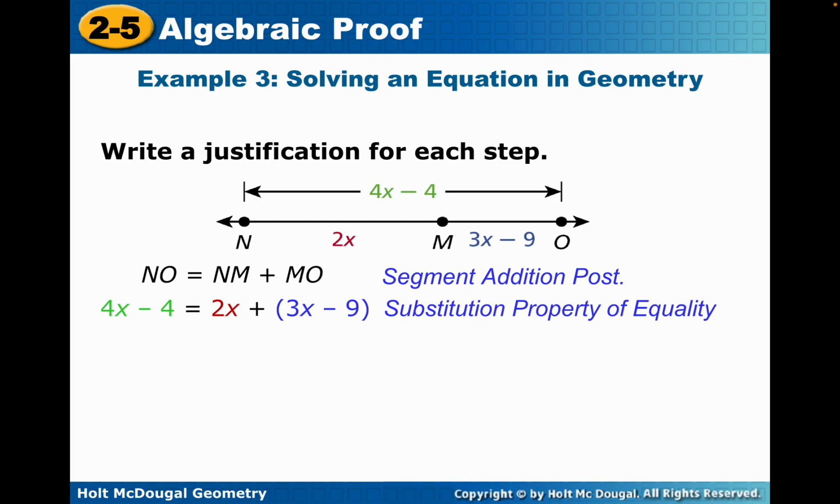Now if we're looking at this, what do we think our next step is? So what is that doing? We're just simplifying. So that's just simplifying. That doesn't really need to be a step in your box, but feel free to. What would we do next to get x by itself?